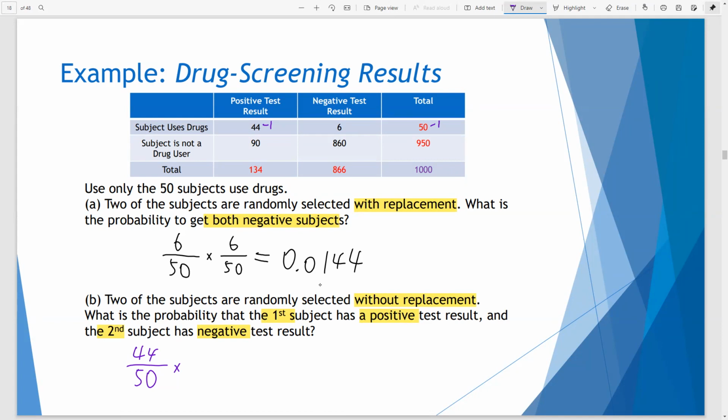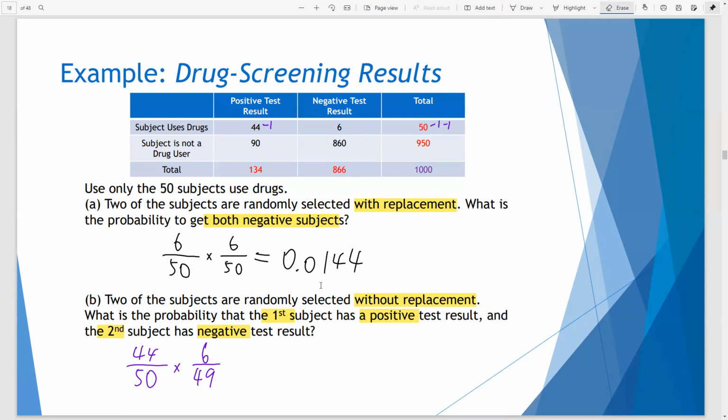Then step 2, the second trial to get the negative result, that will be 6 persons to take out. And from that 50, since we took out 1 from the first step, now we have 49 only, right? So the second result will be 6 out of 49 to choose, right?